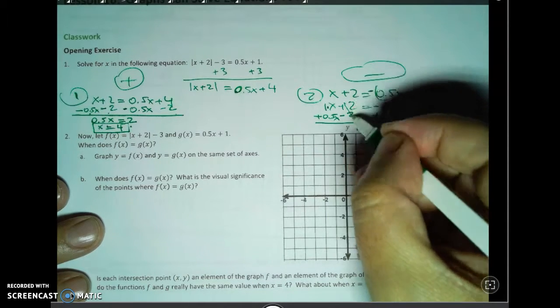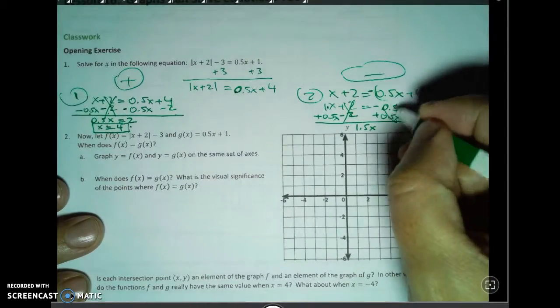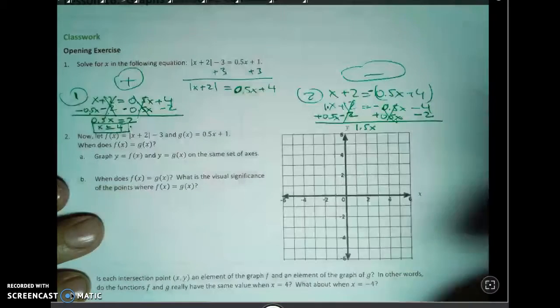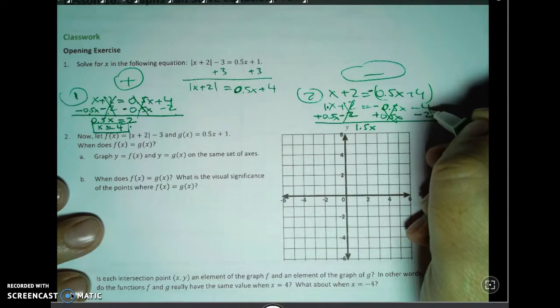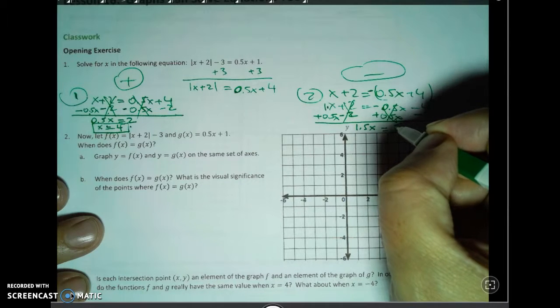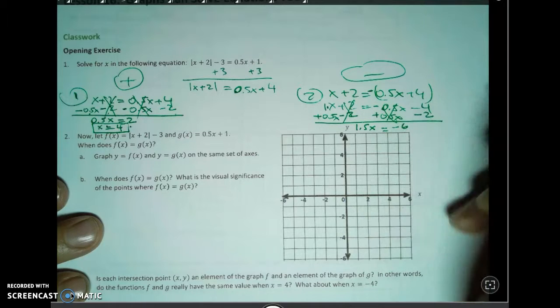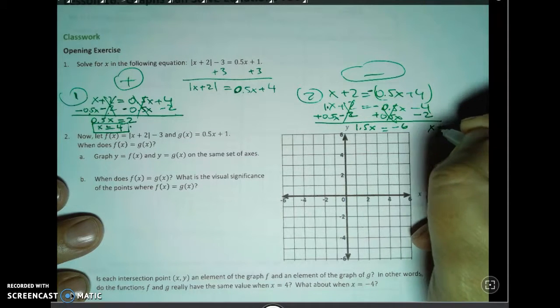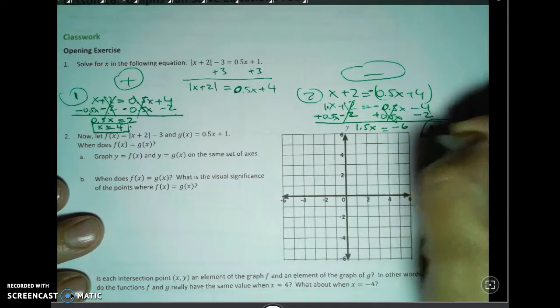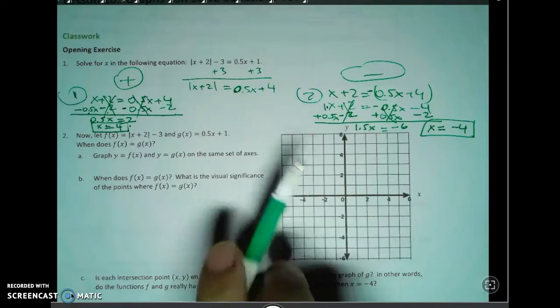These two cancel, and these two cancel, and I end up with negative 4 minus 2, which is negative 6. Now when I divide negative 6 by 1.5, x is negative 4. So these are my two solutions for the opening exercise, 4 and negative 4.